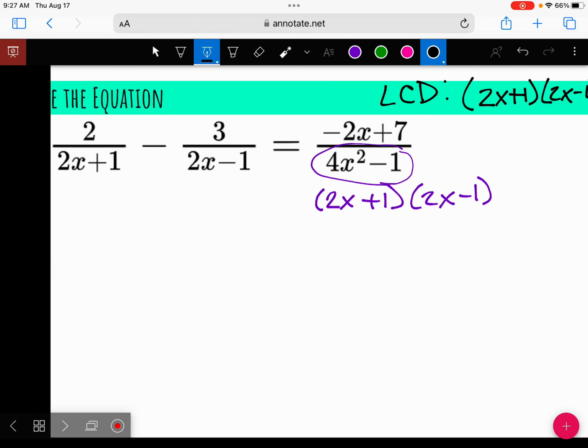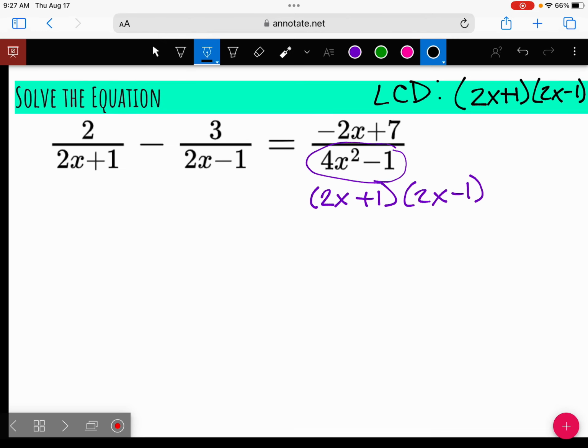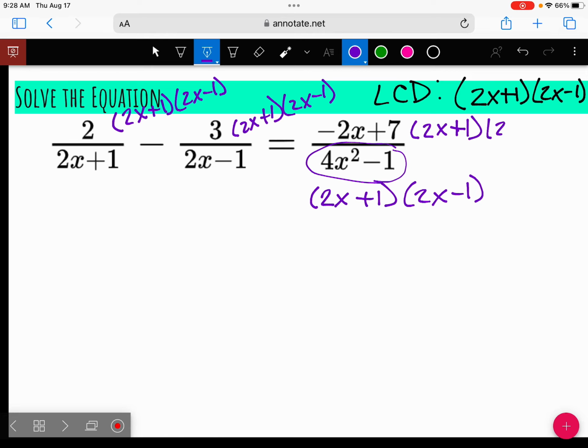What are we going to do next? We're going to multiply. You can either multiply the pieces that are missing, or you can multiply everybody by that common denominator, 2x plus 1, 2x minus 1.